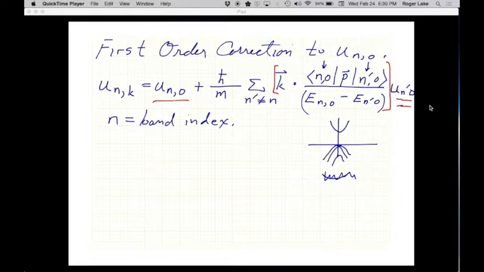The conduction band was pure S state at gamma, and as you start moving away from gamma, you start mixing in some P states. And that just shows up clearly looking at this perturbation expression. How much you mix in is going to depend on those energy differences in that matrix element.